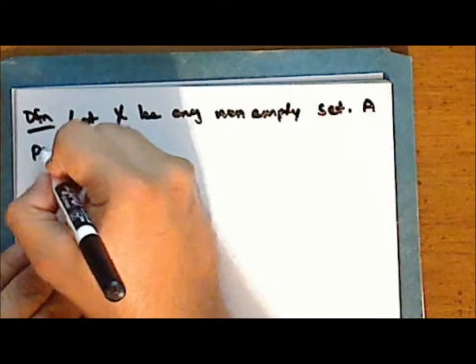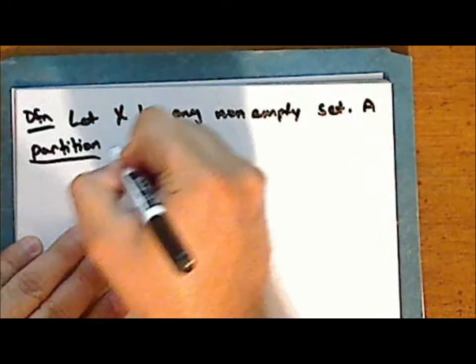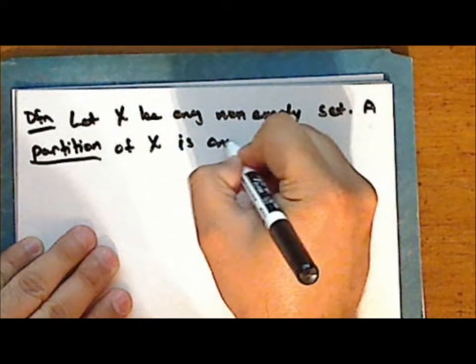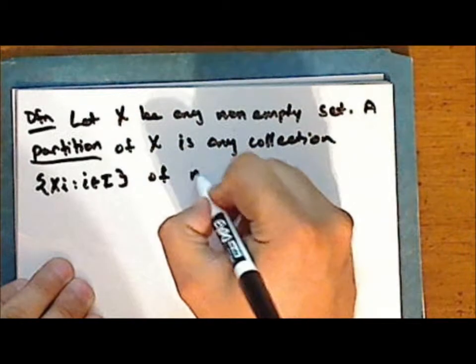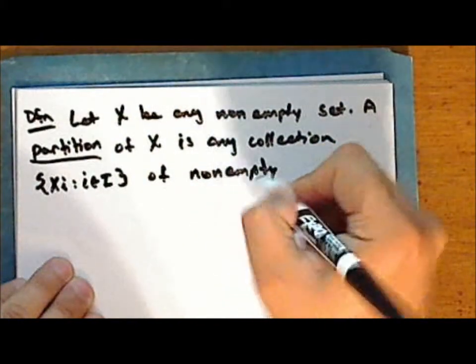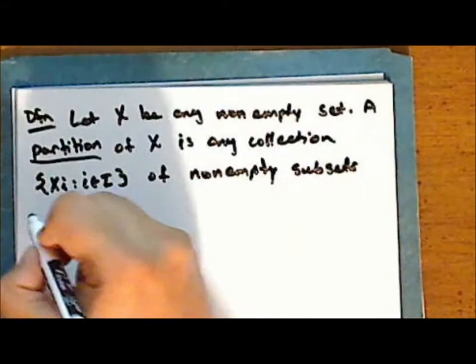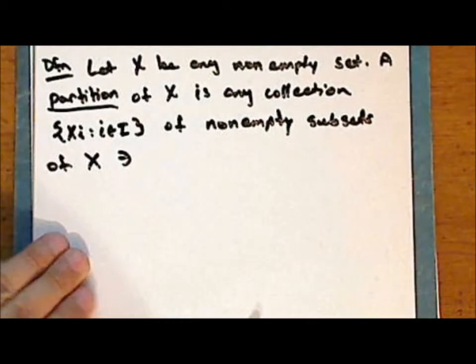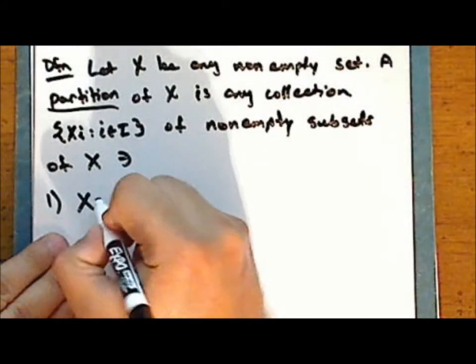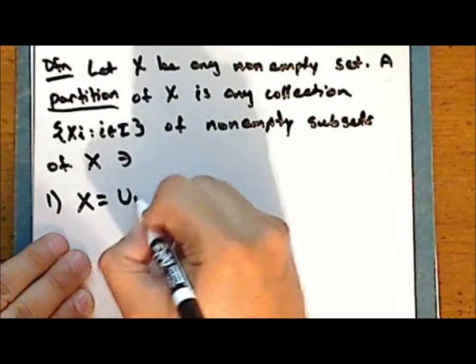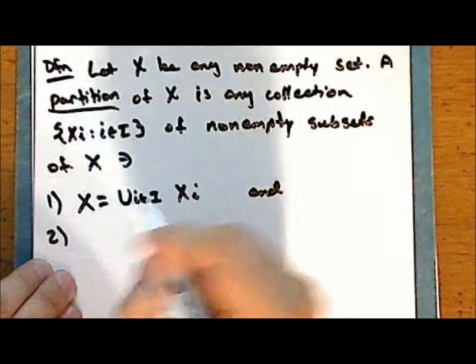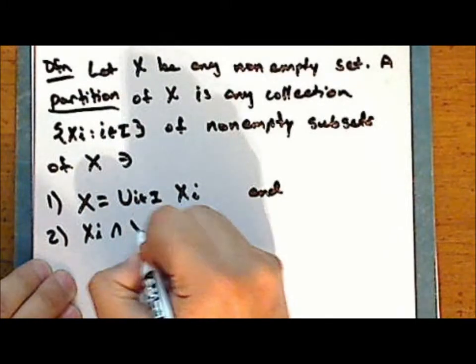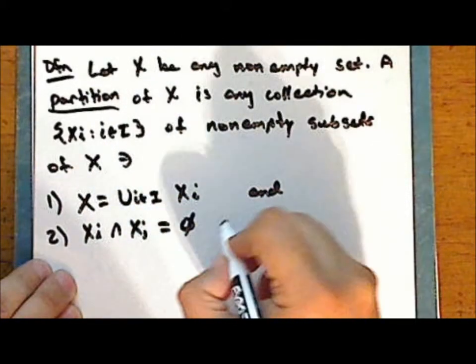A partition of the set X is any collection of non-empty subsets of X such that the entire set is the union of those subsets, and those sets are pairwise disjoint.